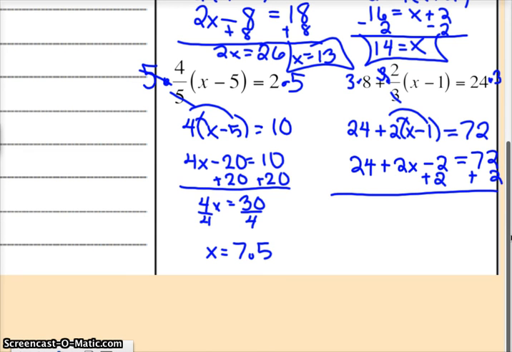Chip it away, a little bit at a time. And the 24 still comes down. The 2x still comes down. That canceled. Now I have 74. That's me moving that minus 2 because I feel confused.